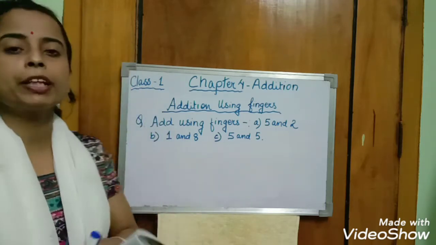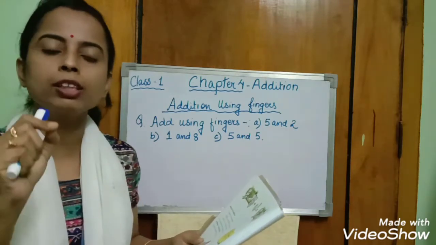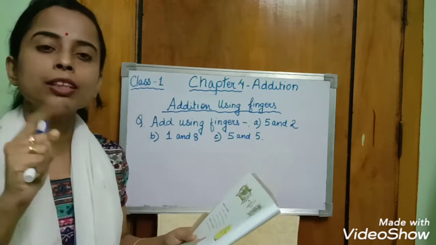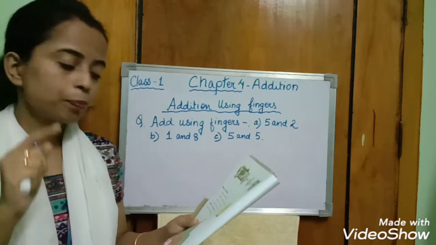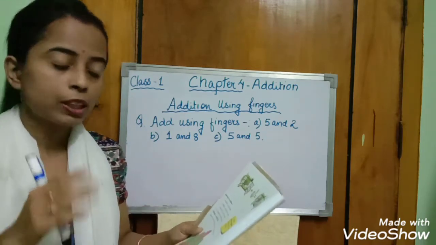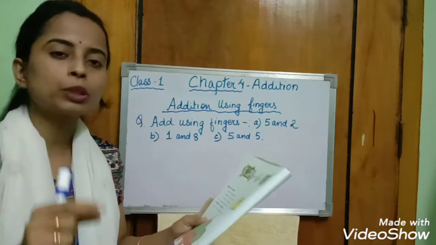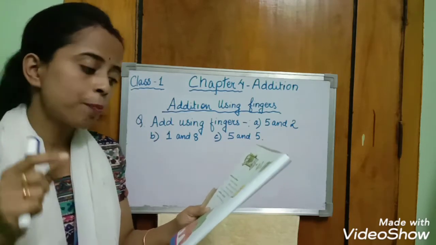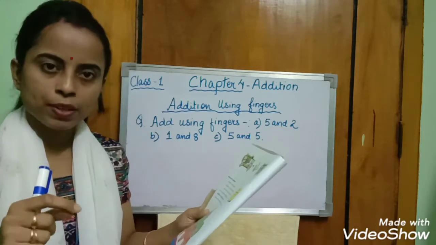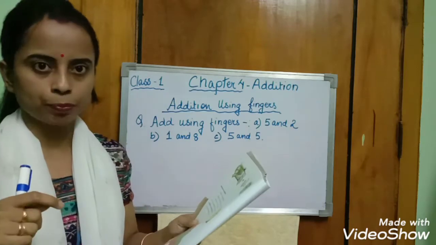But let me tell you some words. Children, you will be getting some words that are used in addition. Some words are there on page number 46 of the textbook. Just go through it. The words add, total, together, in all together, and sum are the certain words that are used in addition.